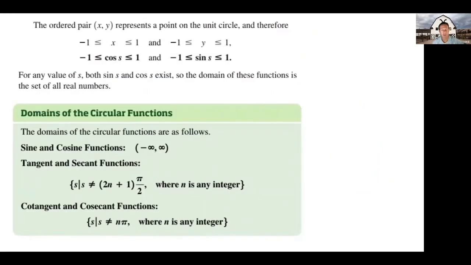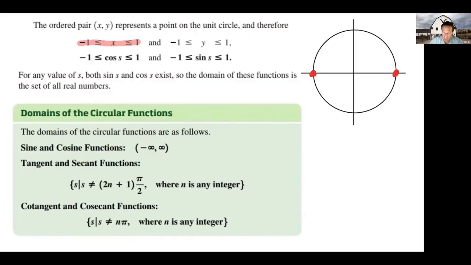So one thing I wanted to mention to you at this point in time, I'm not going to get into too much detail with it right now, is if you notice that the x values were between 1 and negative 1 on our unit circle.